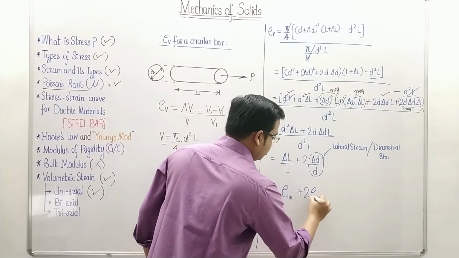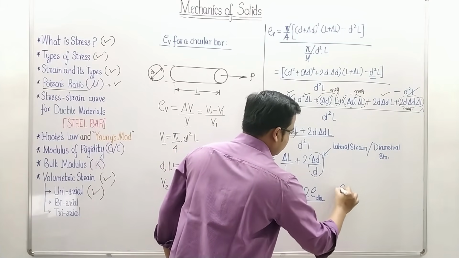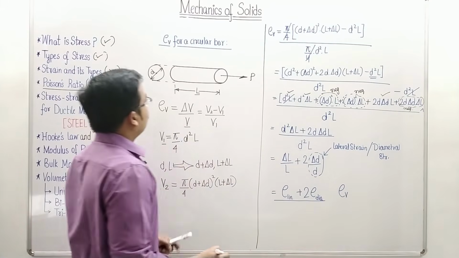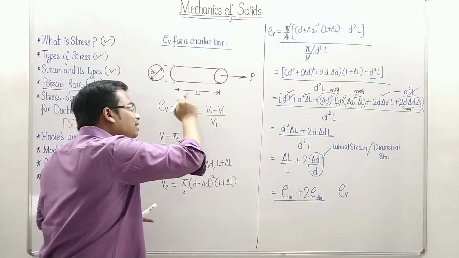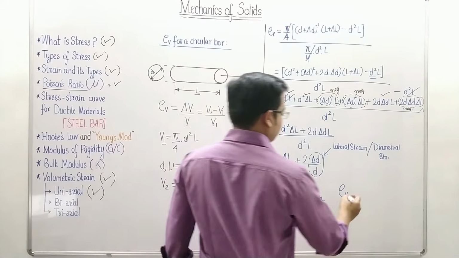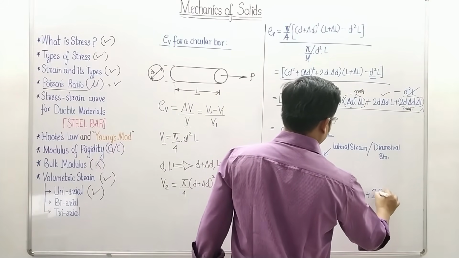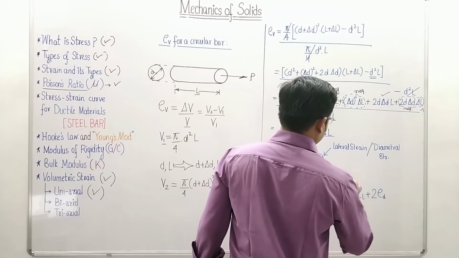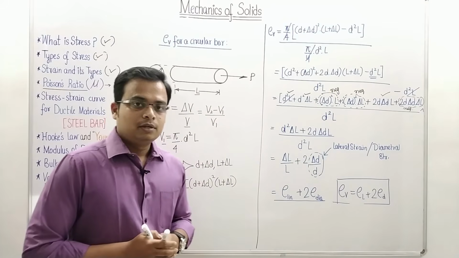So 2 times of, I am putting this as diameter. So essentially what you can write is volumetric strain in case of a circular bar which is subjected to an axial load along this length L, EV is actually a sum of linear strain plus 2 times of diametral strain. This is exactly how you can achieve this expression.